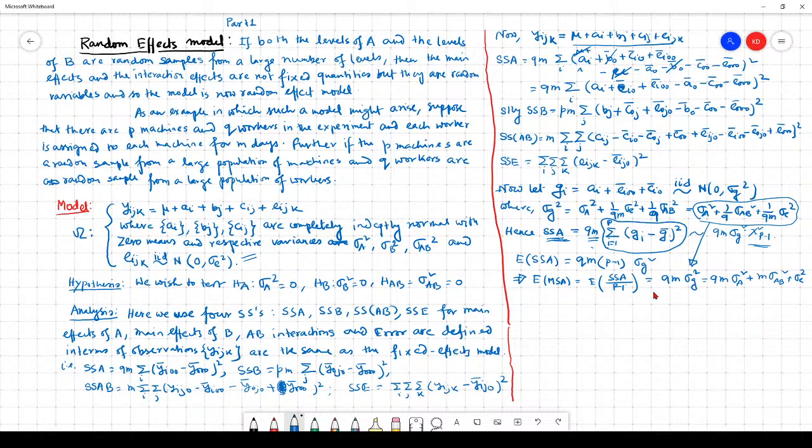So we can rewrite this again as sigma E square plus m sigma AB square plus qm sigma A square.